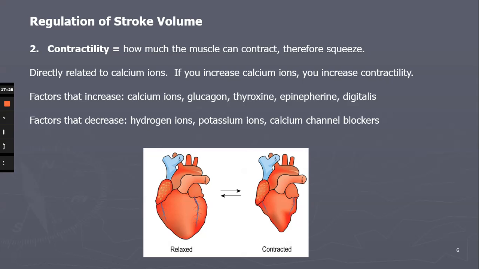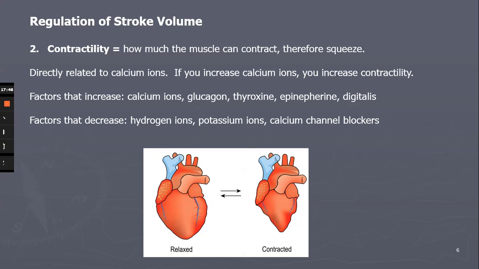There's another type of medicine called digitalis. That's going to get the heart to contract even harder. So these are going to increase the contractility. If we increase the contractility, what does that do to the stroke volume? It's going to increase the stroke volume.